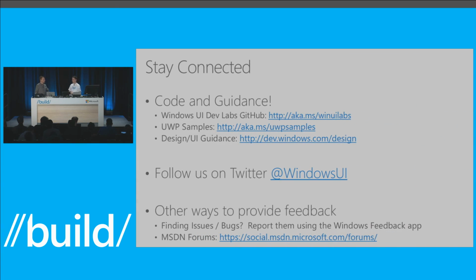And speaking of that conversation, these are the ways to get a hold of us. The code samples and all the things that James mentioned on how you can get them is that first URL right there, aka.ms/WinUILabs. That has a lot of different playground things, I would call it, and some of those encapsulated controls. The background blur, backdrop is what you call it, right?